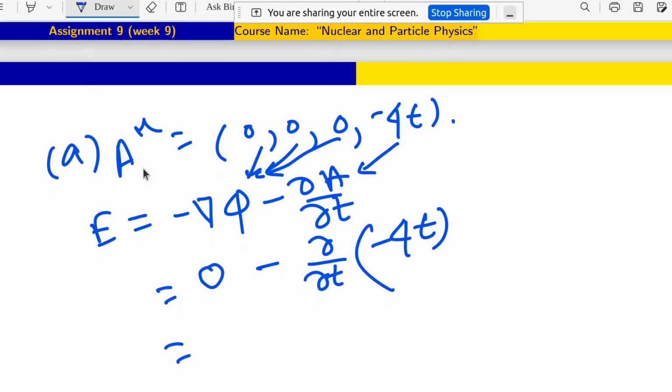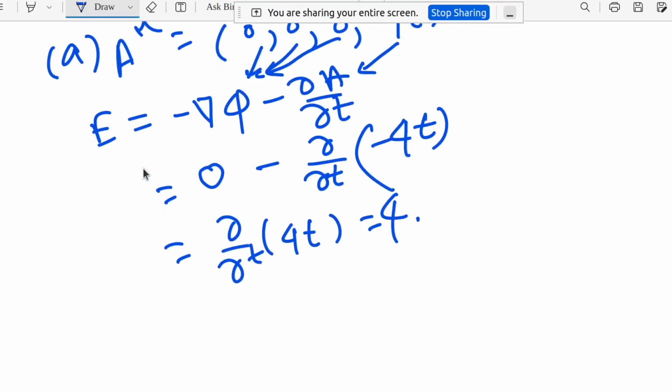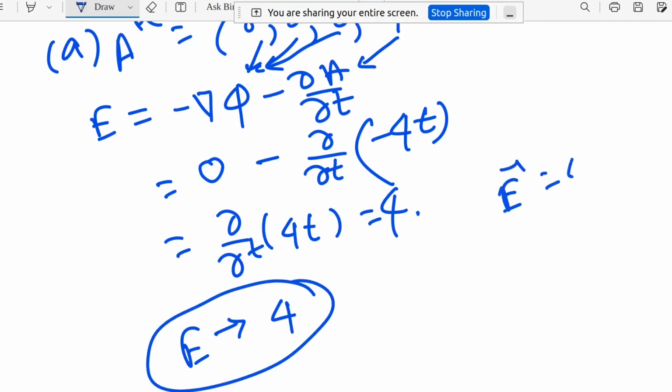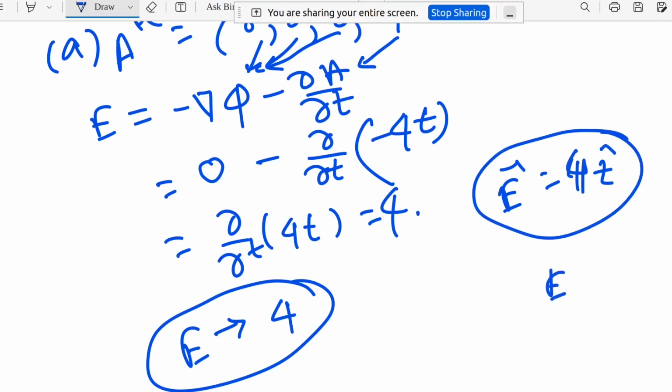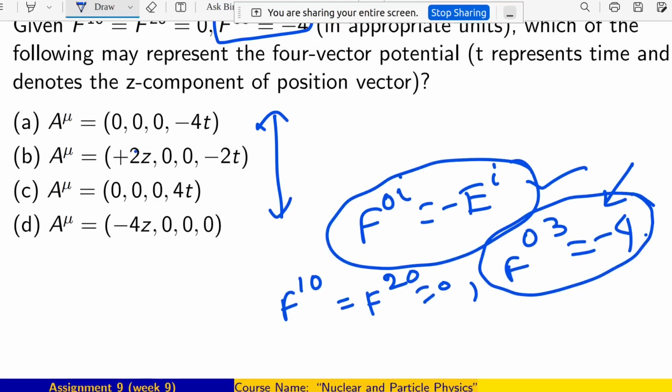Now you can see minus minus plus, and del T of 4t is nothing but 4. So the mod value of E is giving us 4, and also from our expression we are getting this. So mod value of E is nothing but 4. That means whatever is given in option A, that is correct.